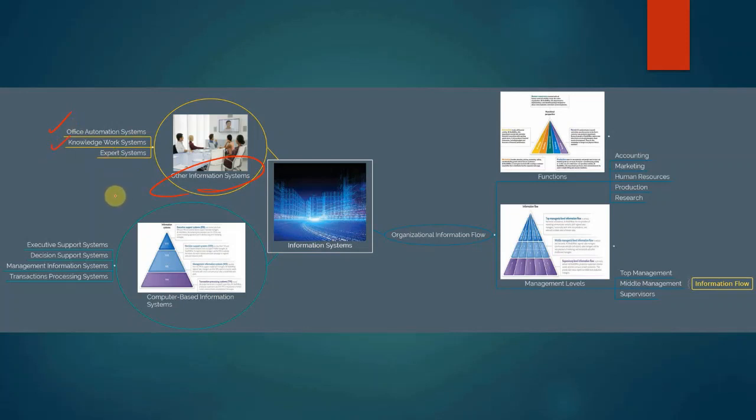Other information systems would be what's known as knowledge work systems. Knowledge work systems are used to create information in their area of expertise. Areas included under the category of knowledge work systems would be CAD and CAM, computer aided design and computer aided manufacturing systems. These types of KWSs consist of powerful personal computers running special programs that integrate the design and manufacturing activities of a particular organization.